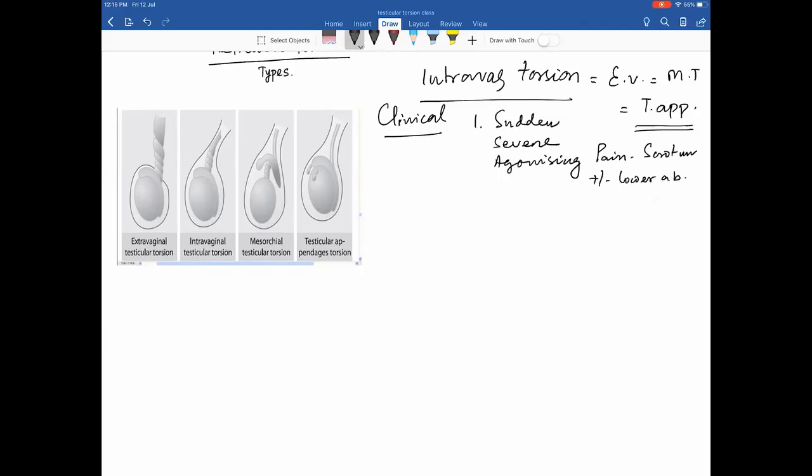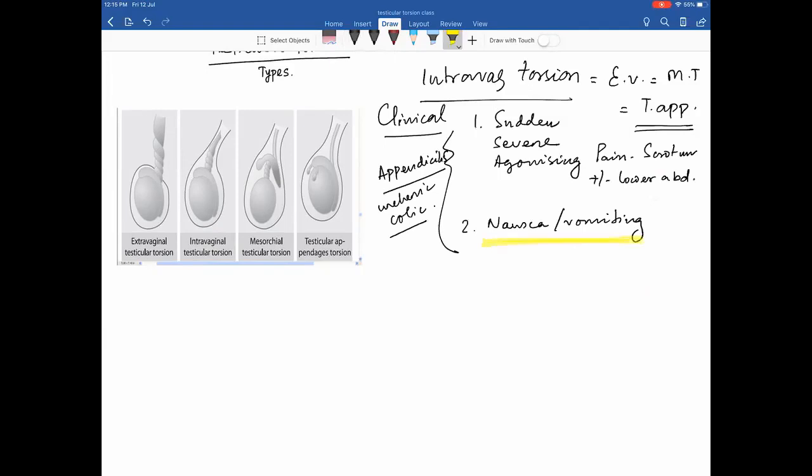Please remember this is almost always accompanied by nausea and vomiting, and thus can be a mimic even for appendicitis if it occurs on the right side. On the left side it is sometimes mistaken for ureteric colic. But remember two important findings: nausea and vomiting, which are almost always present, and a sudden, severe, agonizing scrotal pain.